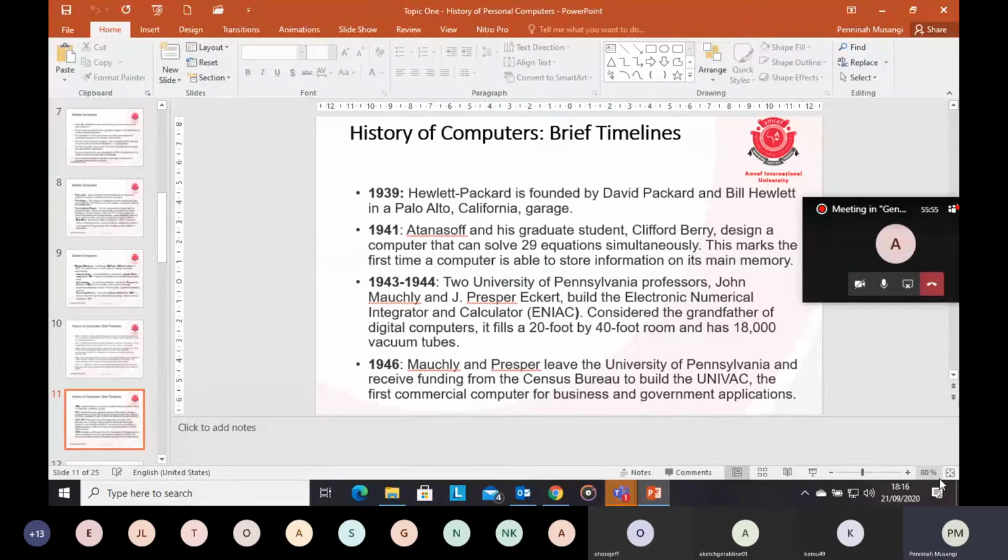We can say that this was the first commercial computer for business and government applications. So this was a computer which could now be sold. It was commercial, and therefore businesses and governments could buy this UNIVAC and use it in their business environments or in government offices.